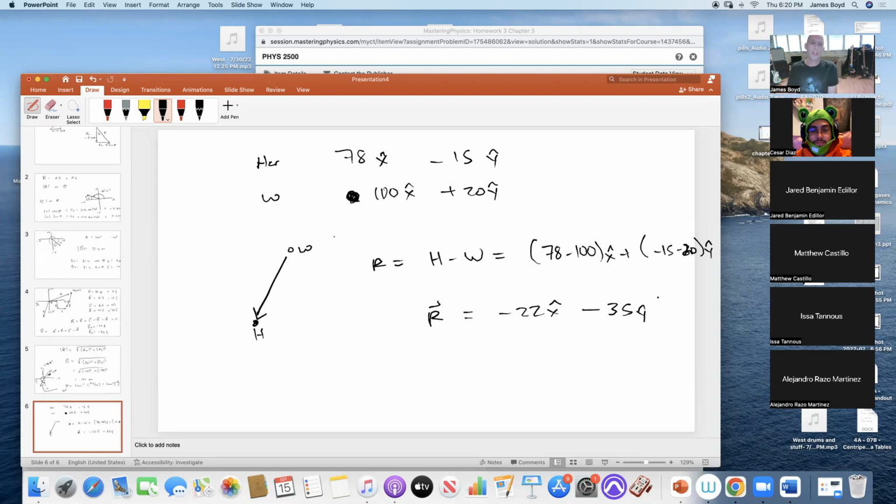But at that point, to find the magnitude, you would take Rx squared plus Ry squared. And then to find the angle from the X, you would use arctan.